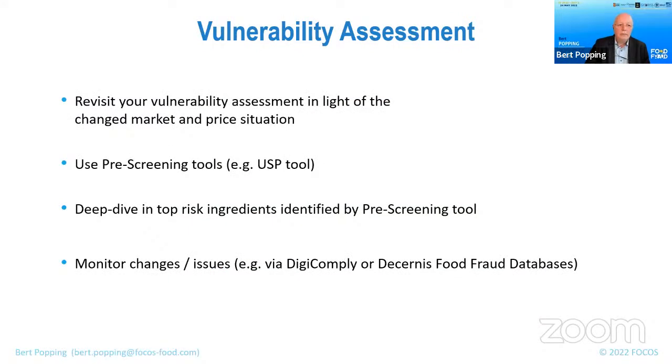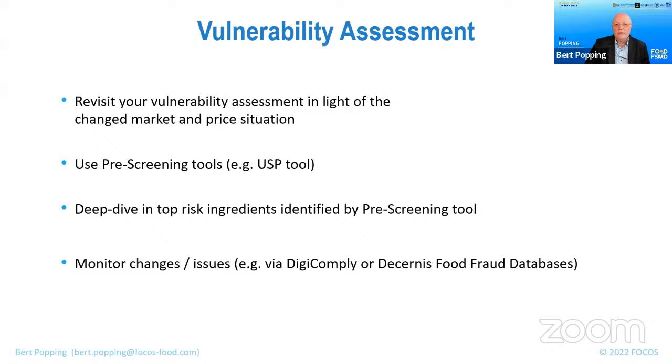And my recommendation here is to revisit your vulnerability assessment in light of the changed market situation, use a pre-screening tool, and deep dive into the top risk ingredients identified by that tool. And then Karen, I know she's online, will talk about, and I do apologize, I still call it Decernis, it's actually Food Chain ID now, the food fraud database, or another alternative is the DigiComply database from SGS.